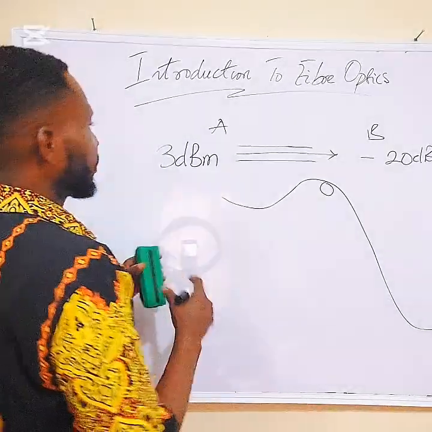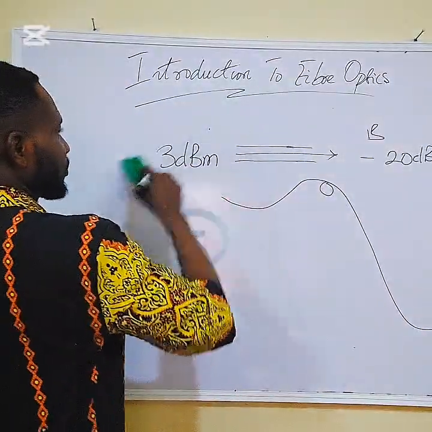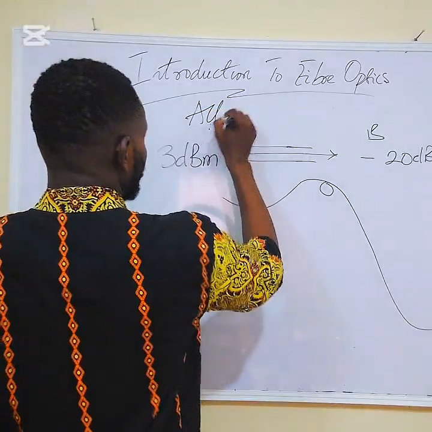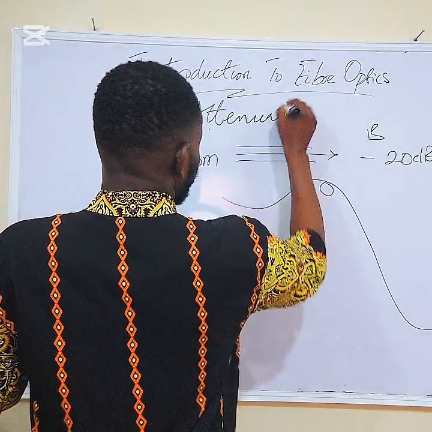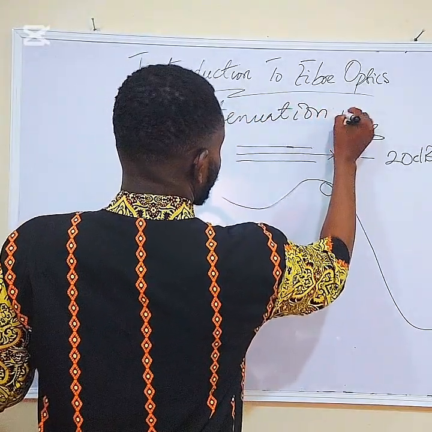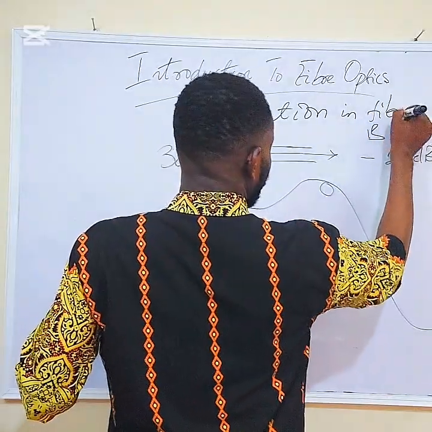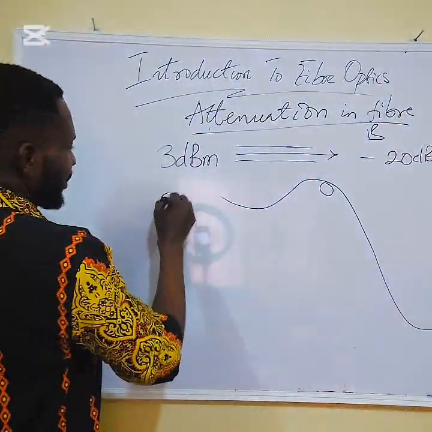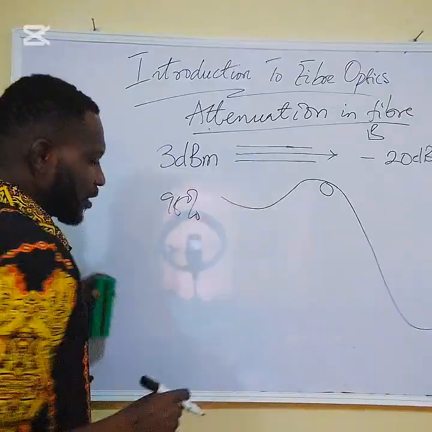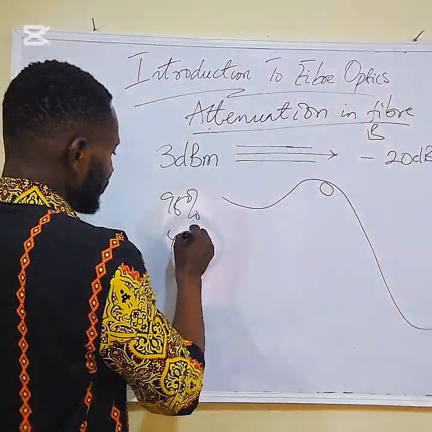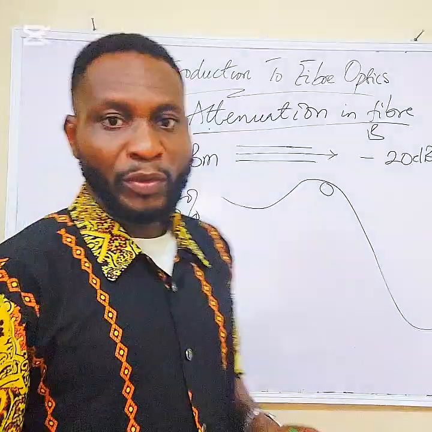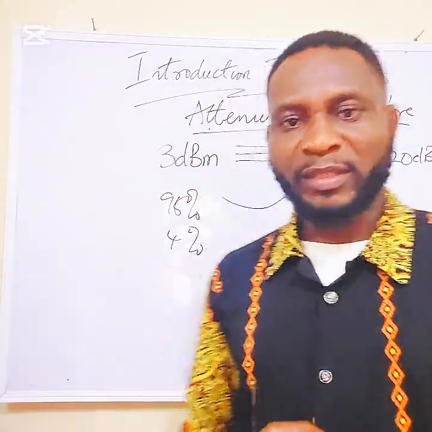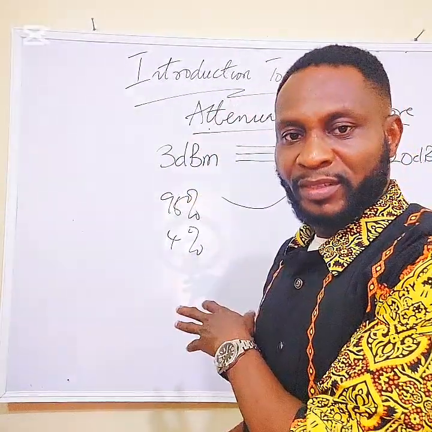But now, for us to talk about attenuation in fiber, consider this: 96% of the attenuation we have in fiber is caused by human activities.